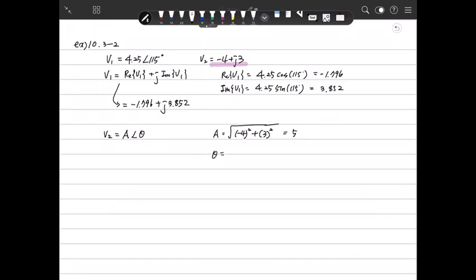And for theta, because the real term is negative, there will be 180 degrees minus arctangent of 3 over 4, which is approximately 37 degrees. So 180 minus 37 gives 143 degrees. So it can be expressed as magnitude 5 and phase angle 143 degrees.